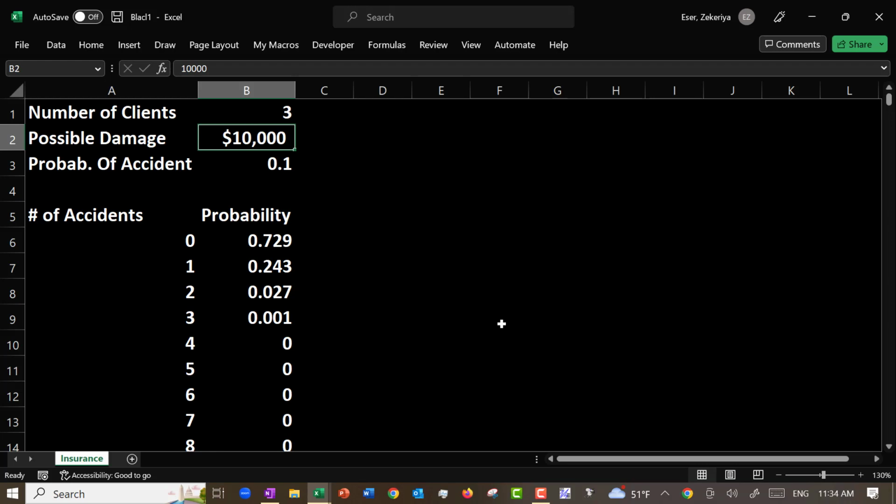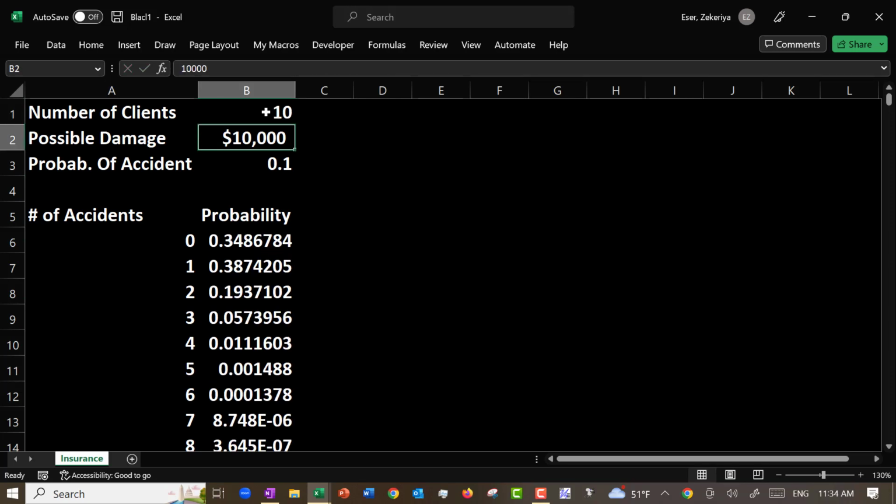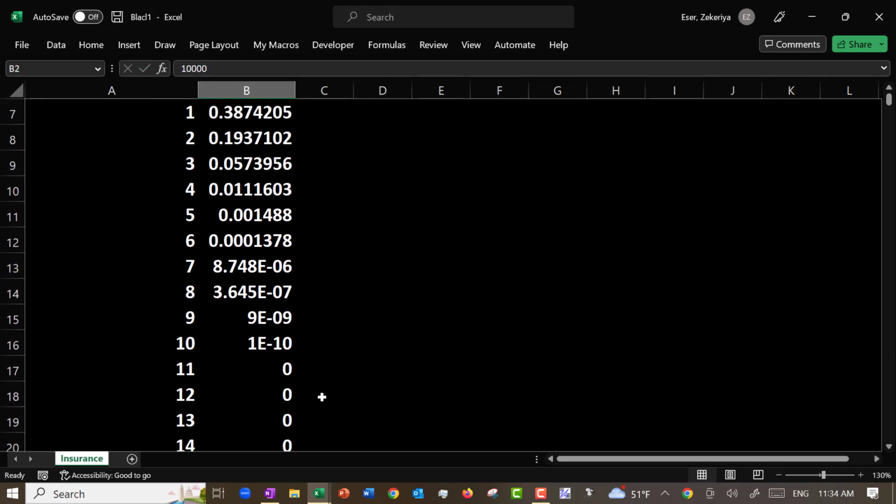Only one 0.243, 2 of them 0.027, and so on and so forth. So if I had 10 clients, this will calculate probability of exactly that many accidents for all.